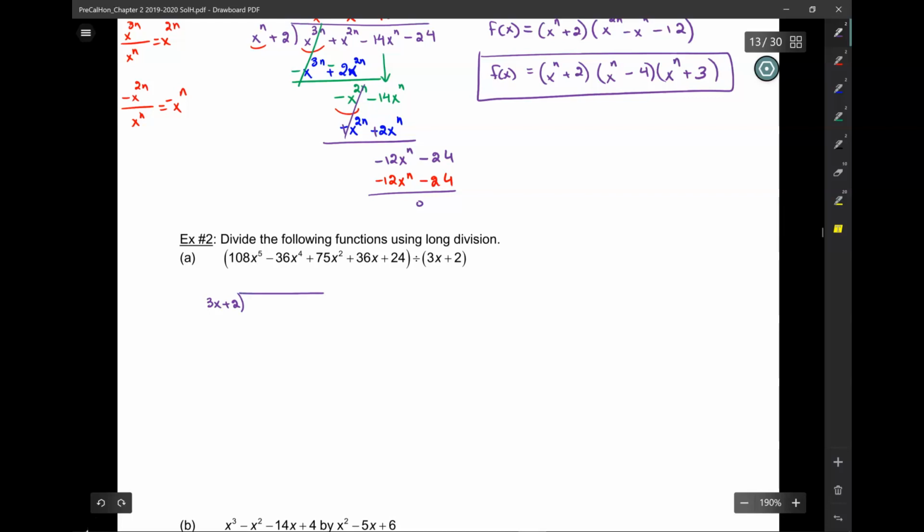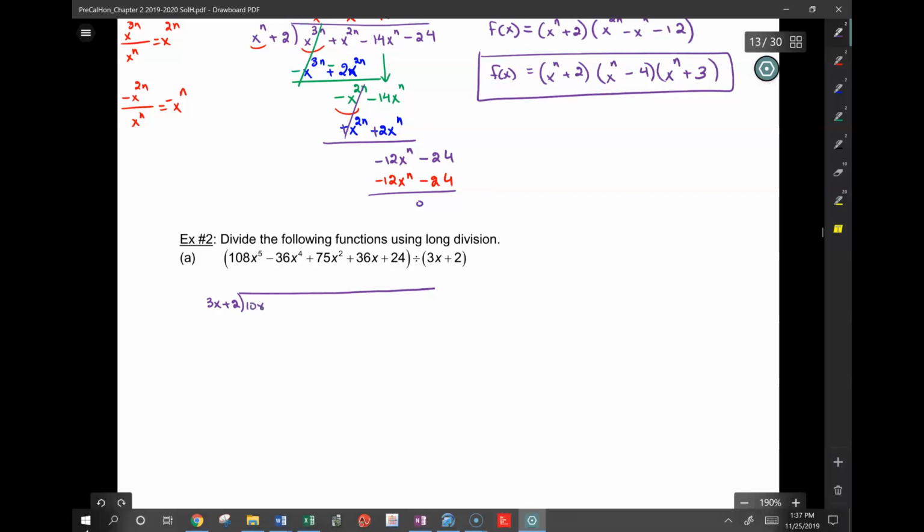You don't have to do this, but you can put a spacer for the x cubed and just do 0x cubed. So we're going to do 108x to the 5 minus 36x to the 4 plus 75x, plus 0x cubed, 75x squared, 36x, 24.